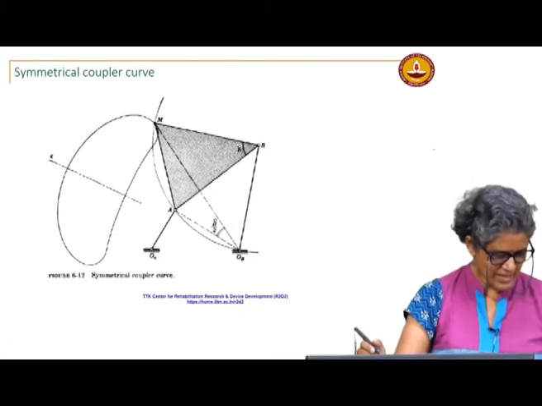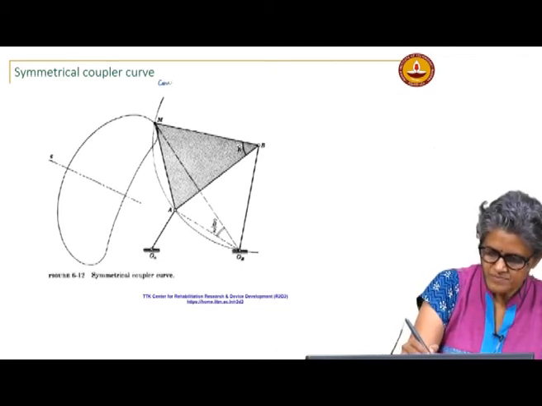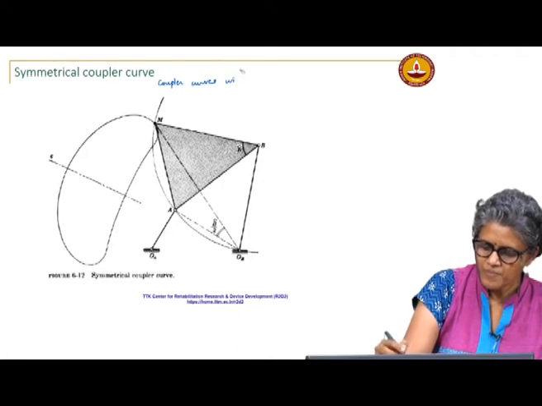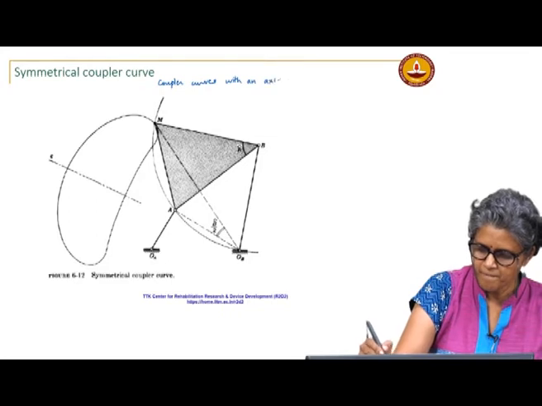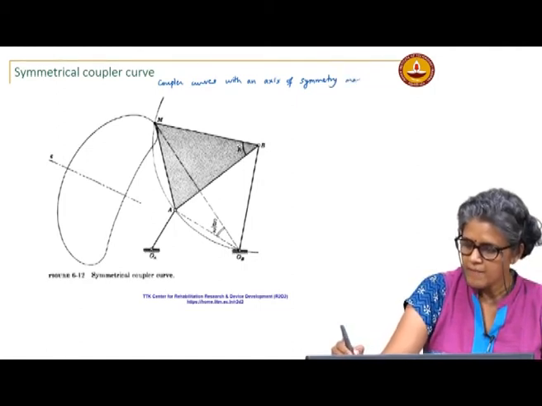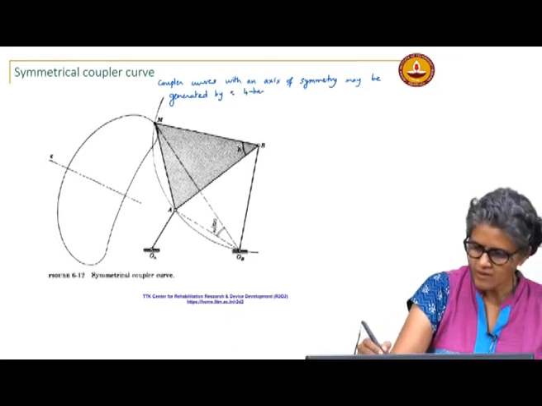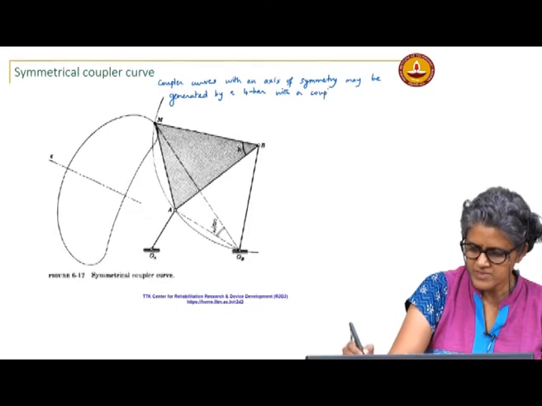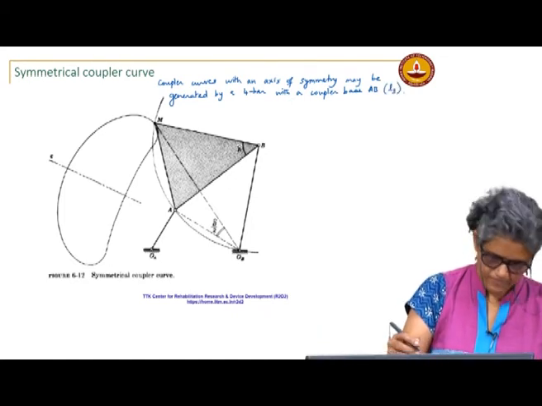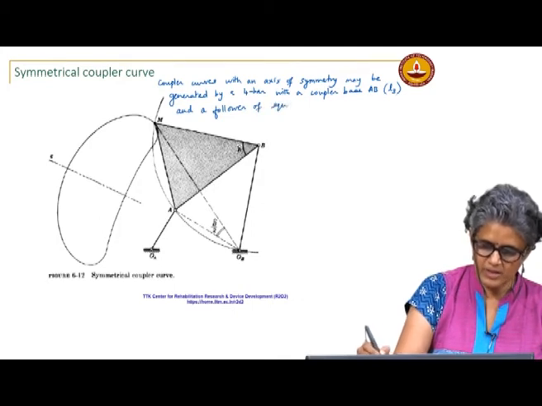Okay. So, the condition for that is: coupler curves with an axis of symmetry may be generated by a 4 bar with a coupler base AB, that is your L3, and a follower of equal length.